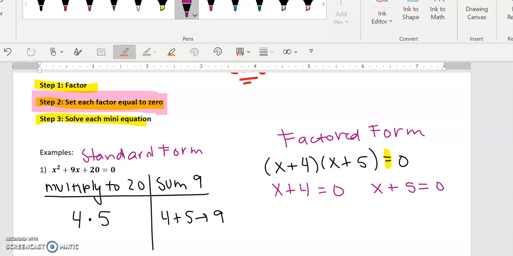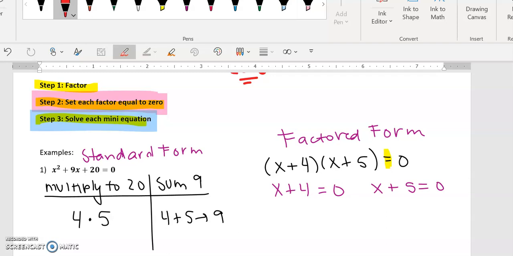You'll begin to understand why we set these equal to 0 more when we start to graph. But the real reason, and I think we talked about this in class before, is the zero product property. If the factors multiplied together equals 0, then one or both of these factors equals 0. So just trust me for now, set both of them equal to 0, and then we're on step 3, solve each mini equation.